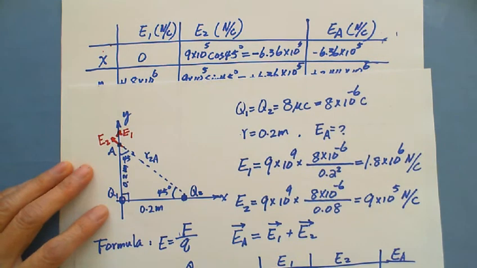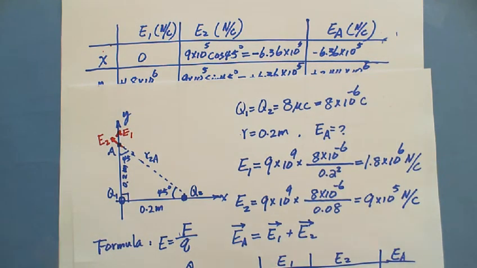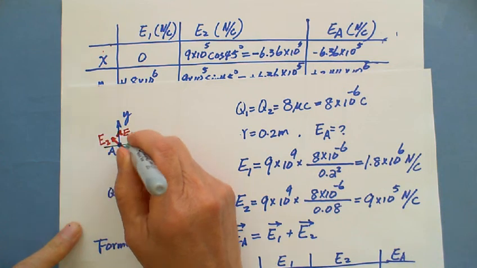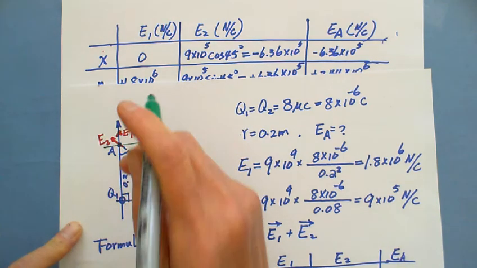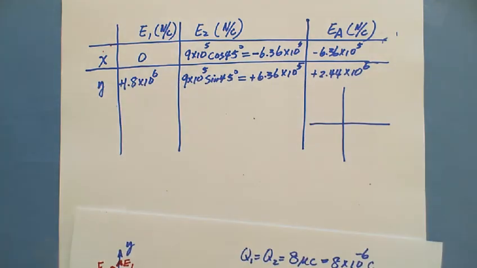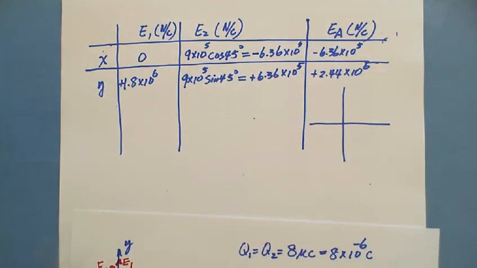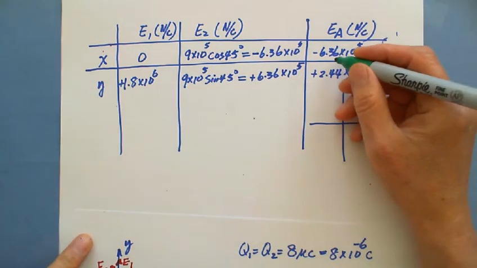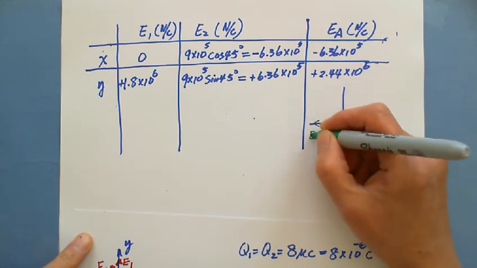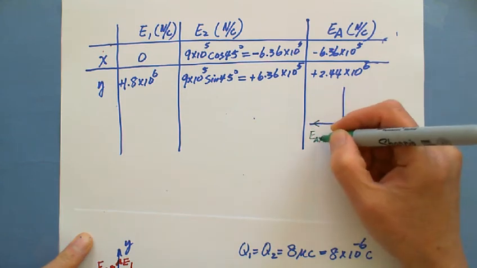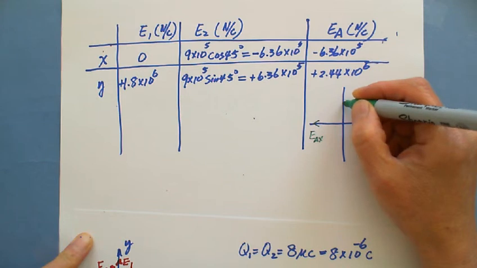Actually, we can draw at this point. This is the x, this is the y. Put here the negative 6.36 point. This one is EA x, this is EA y.